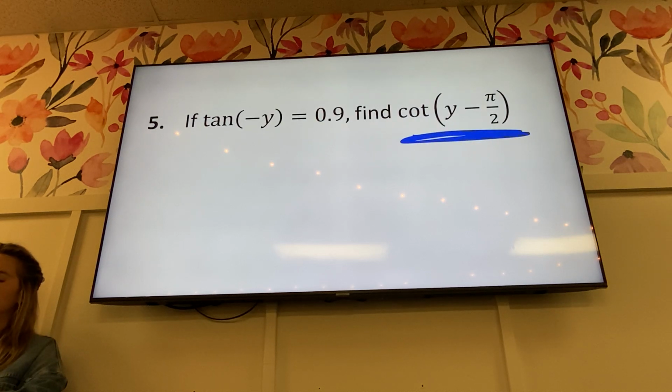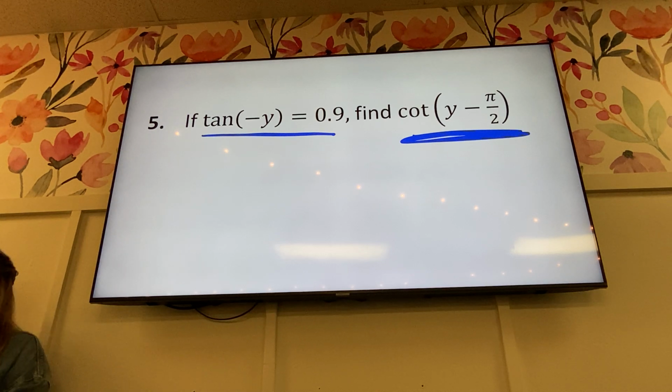But this one is not helpful with the negative inside. So if I were you, I would rewrite the given expression. I would simplify the trig so it doesn't have a negative. So for example, on this one, I know that tangent is odd, so I'm going to pull the negative out.